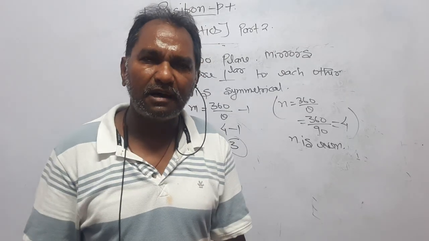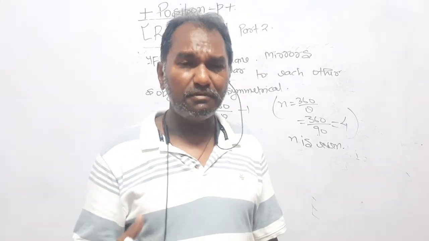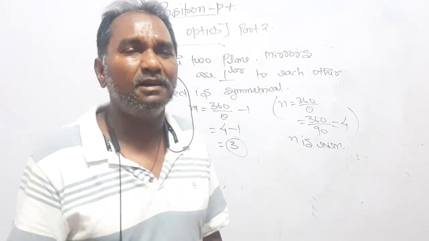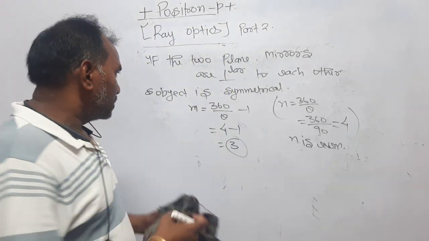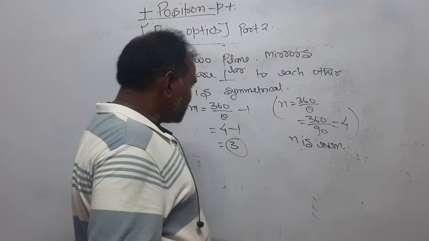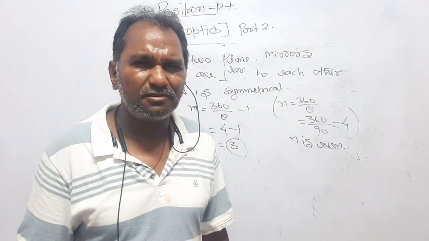Now we have to prove by the ray diagram whether it is true that the images will be 3, or 2, or 1, how many images there will be. Let's discuss. It does not matter whether it is symmetrical or non-symmetrical.